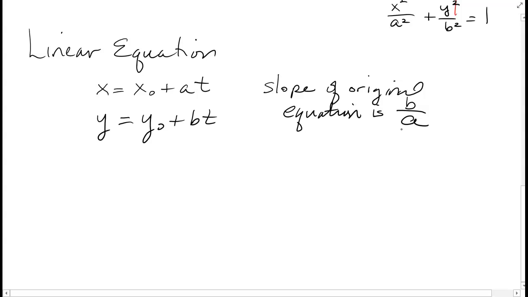And it's the slope of the original equation that goes through the point x0, y0.